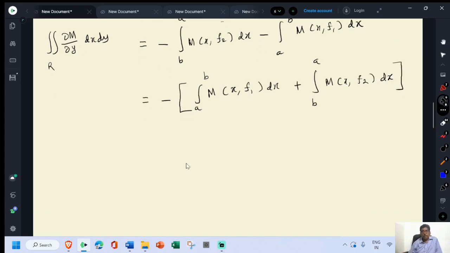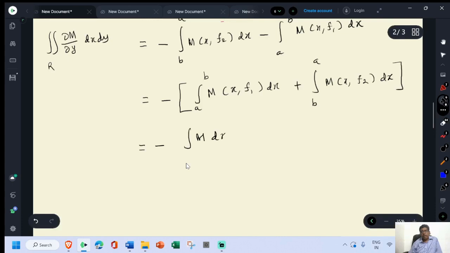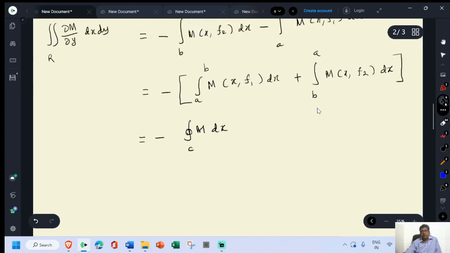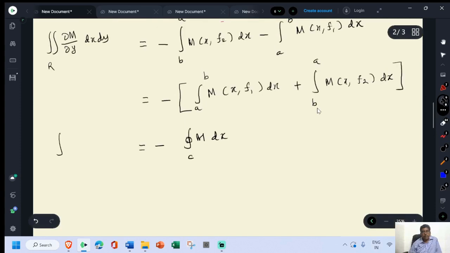Then this is minus of the closed integral over C of M dx. This negative sign is maintained as such. The integral of M dx equals the integral from a to b of M(x, f1) dx plus the integral from b to a of M(x, f2) dx. The left hand side is the double integral of ∂M/∂y dx dy.